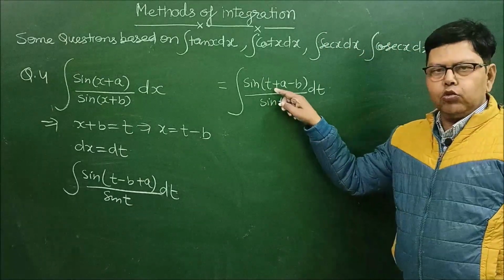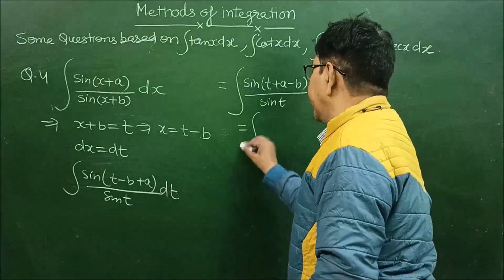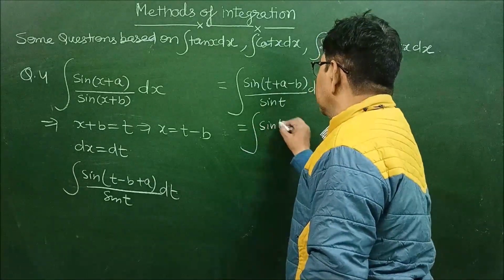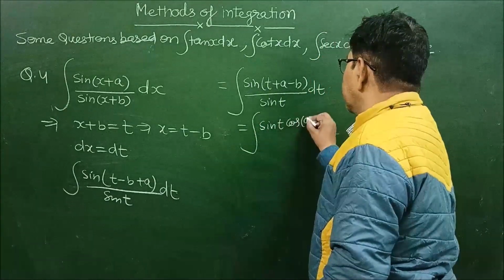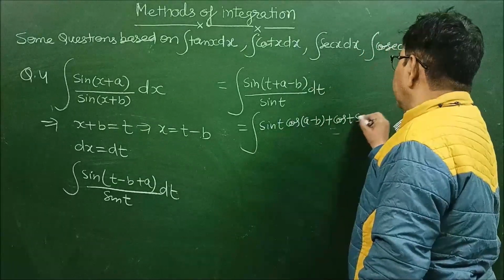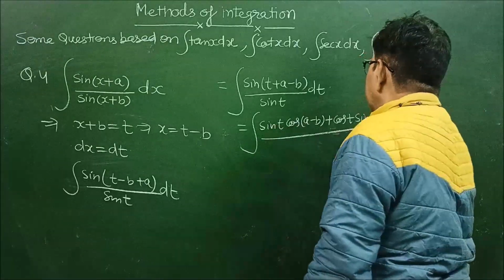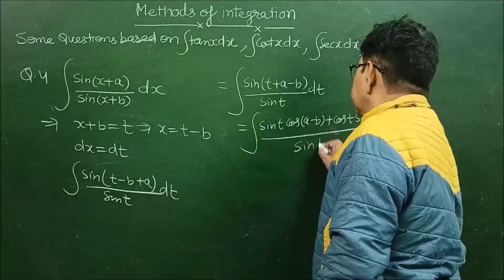And here we will use the formula of sine a plus b. Using that formula, I can write sine t cos of a minus b plus cos t sine of a minus b divided by sine t dt.